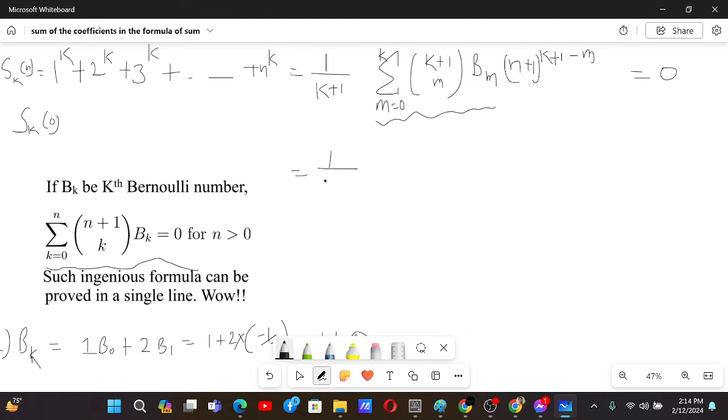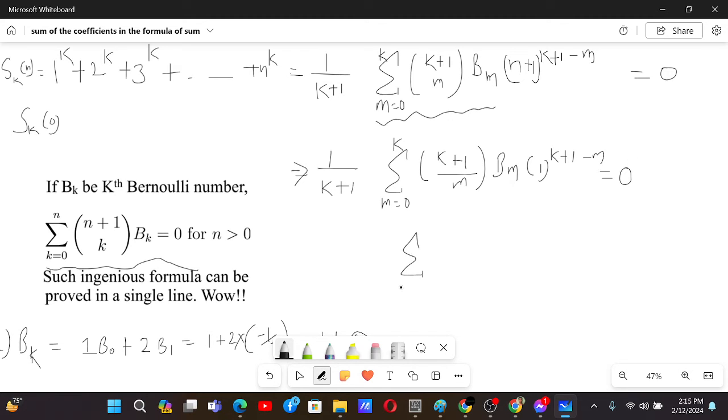What do we get? 1 by k plus 1, sum from m equals 0 to k plus 1 choose m, B of m, and if n is 0, we have 0 to the power k plus 1 minus m. Now 0 to the power anything is just 0 except the last term, and 1 by k plus 1 is just a constant, which can go to the other side.